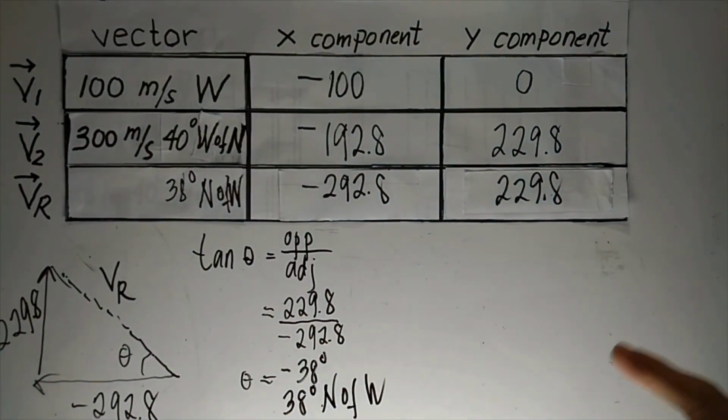To determine the resultant velocity, we are going to use the Pythagorean Theorem.